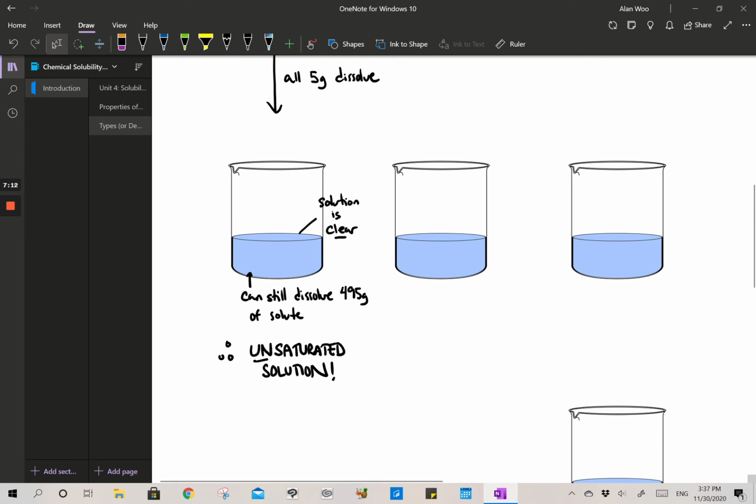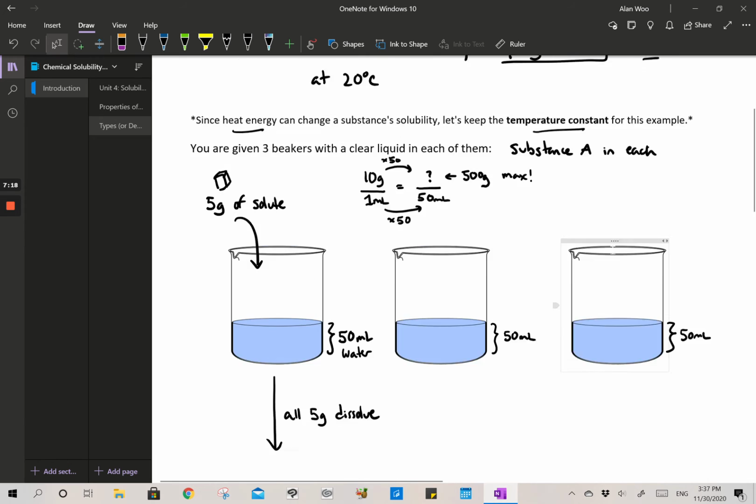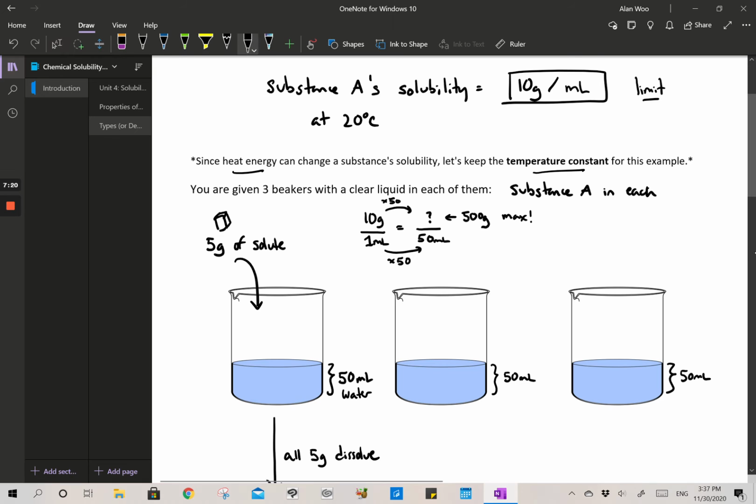Let's go back up to the middle beaker. The middle beaker has the same amount of water, but here, I'm going to add 500 grams of solute.